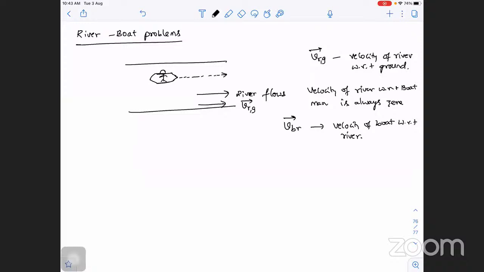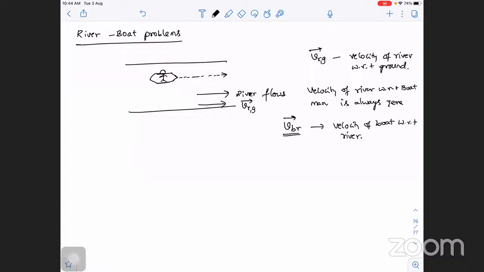So if the boatman is driving his boat, then the boat is driven by the boatman with respect to what? With respect to river. That's why I wrote velocity of the boat with respect to river, because it is there inside the river. Boatman velocity is always with respect to river.